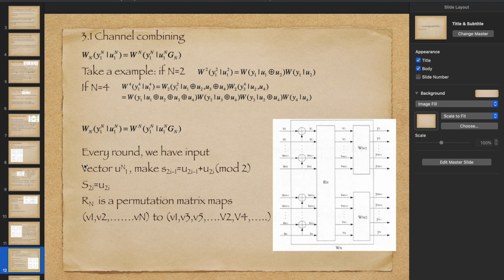And Rn is a permutation matrix, which maps this vector v1 to vn to v1, v3, v5, and so on, then v2, v4. So basically it places the elements with odd indices first, and then the elements with even indices.